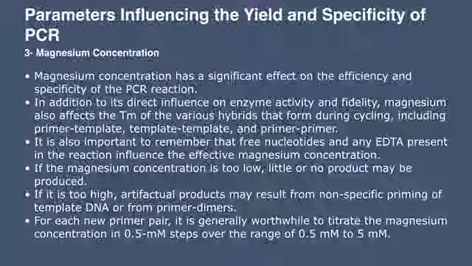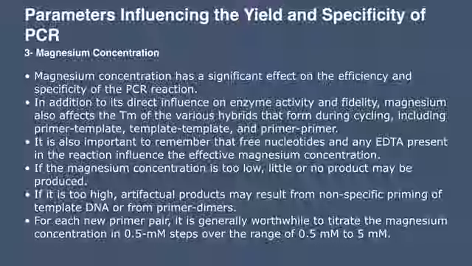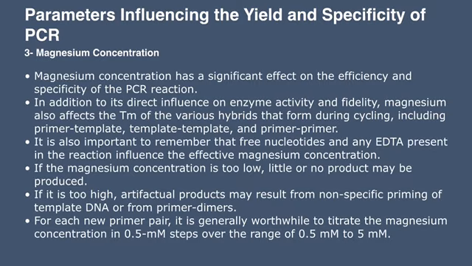If the magnesium concentration is too low, little or no product may be produced. If it is too high, artifactual products may result from non-specific priming of template DNA or from primer dimers. For each new primer pair, it is generally worthwhile to titrate the magnesium concentration in 0.5 millimolar steps over the range of 0.5 millimolar to 5 millimolar.